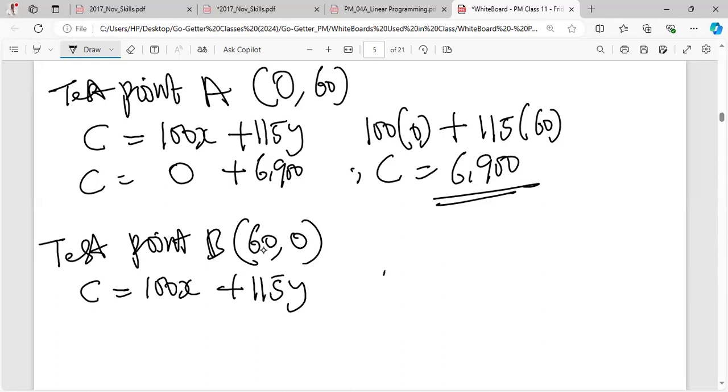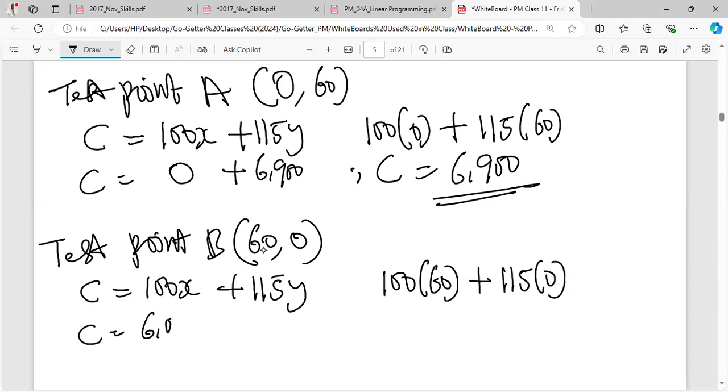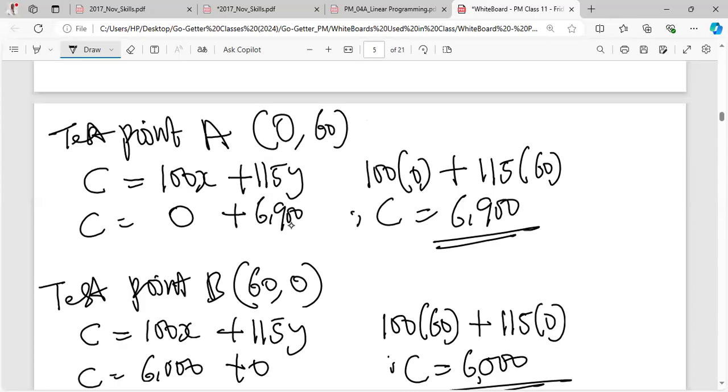We'll replace now 100 multiplied by 60 plus 115 multiplied by 0. So your C here will be 100 times 60 is 6,000 plus 0. That means A has a chance bigger than B.